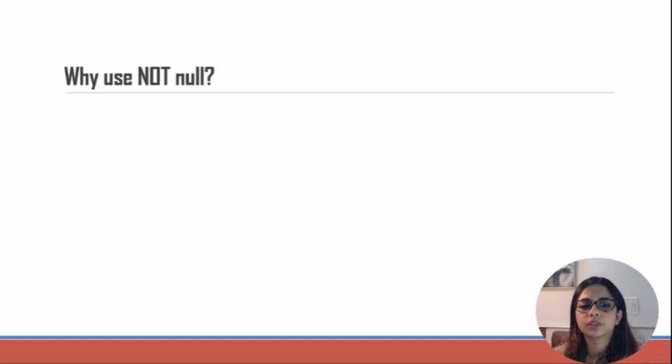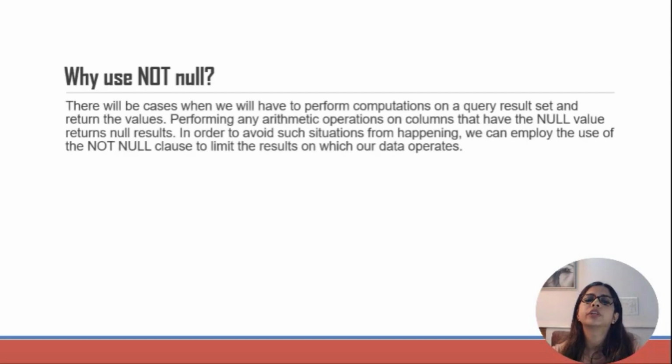Okay, so not null. There will be cases when we will have to perform computations on query results and return the values. So performing arithmetic operations on a column that is null, or that is not null, you can have different requirements. Columns that have null values return null results. In order to avoid such situations, we employ the use of not null.